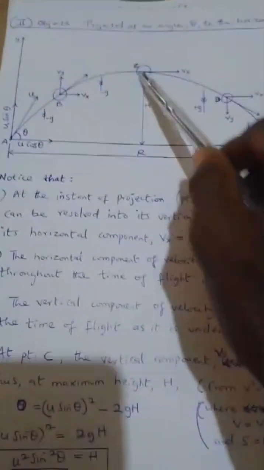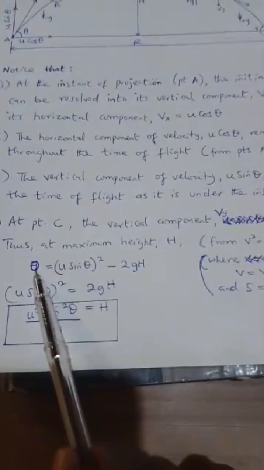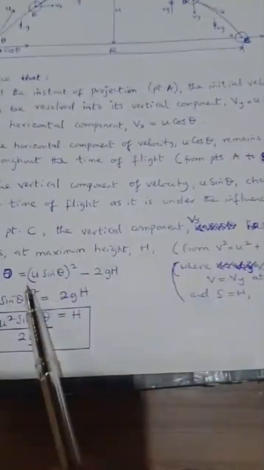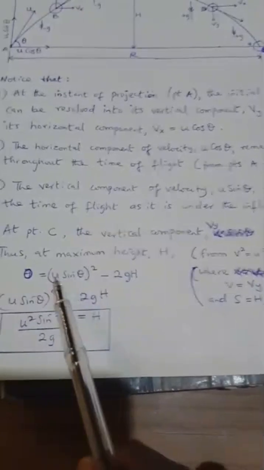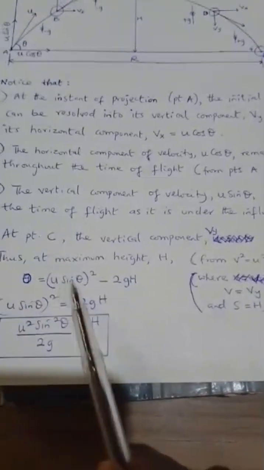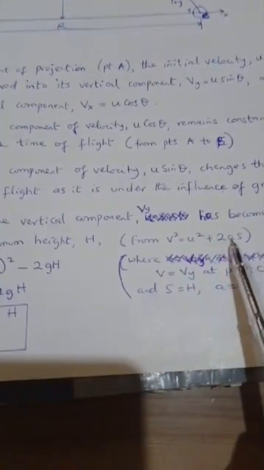It's slowing down to 0, a momentary stop, so v is 0. U, we are dealing with the vertical component, which is u sine theta, squared because there's a square in the formula. Our a is now minus g, so minus 2g here.